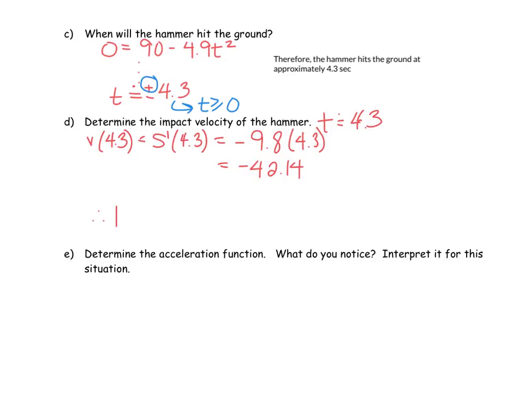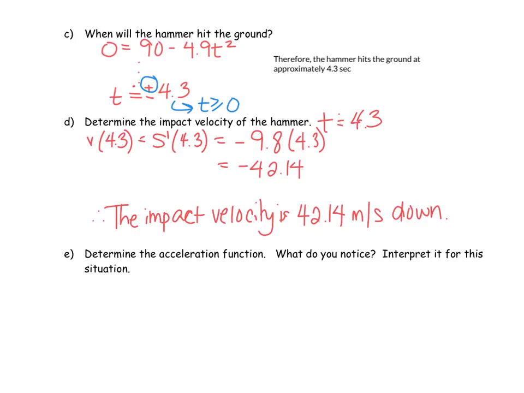So therefore, the impact velocity is 42.14 meters per second down. So that's the velocity as it hits the ground.